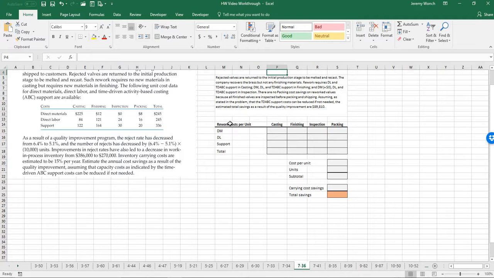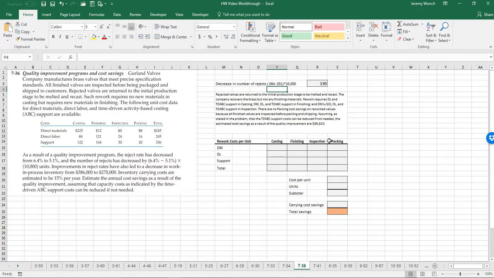It says that they catch these rejects right after they do the inspection, right before the packing stage. So we want to figure out the rework cost per unit. There's no rework cost per unit for packaging because we catch it before that stage, so we put zeros in there.